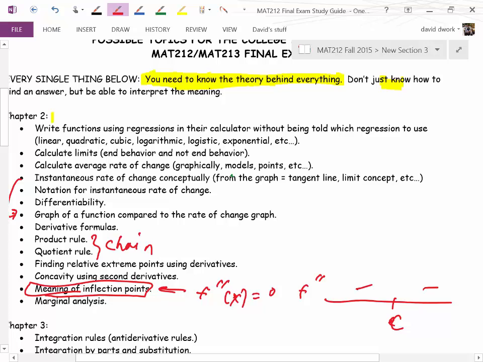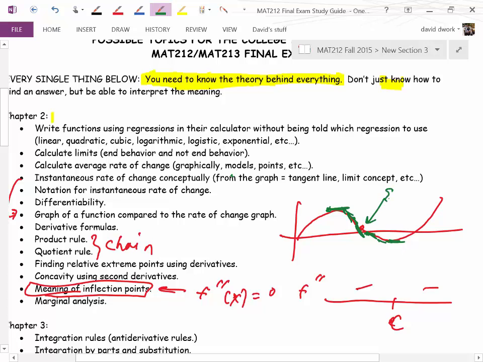And then the meaning of inflection points, we didn't push too much in this class, but the big idea, if you stop and think about what's going on here, it means we have a change in concavity, right? So we have a 0, then we get steeper, then steeper, then steeper derivatives. Then at the inflection point, we're as steep as we can possibly go, because then we start to get shallower, shallower, shallower until we're back at 0.